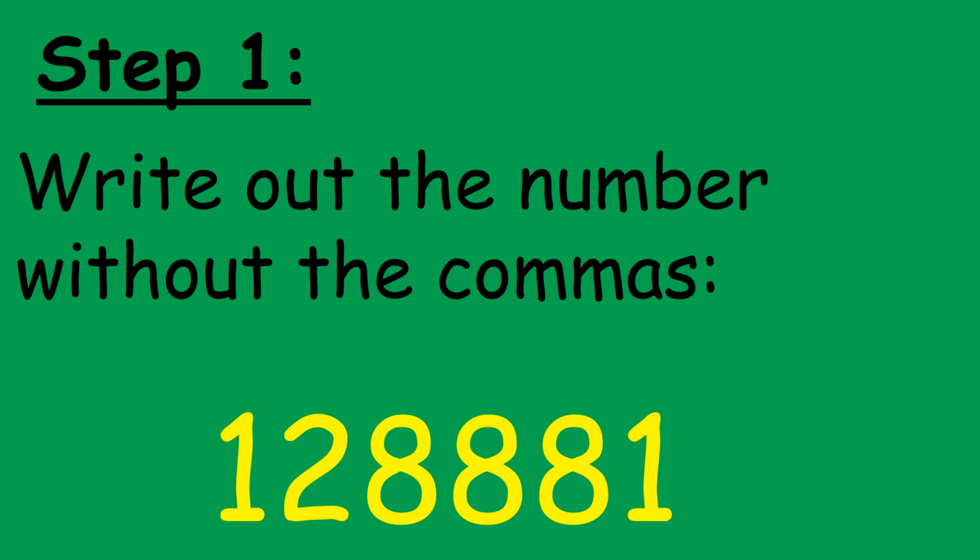We want to find out what number you will multiply by itself that gives you 128,881. So our first step is to write out the number, that is the perfect square, which is 128,881, but we will be writing it out without the commas.